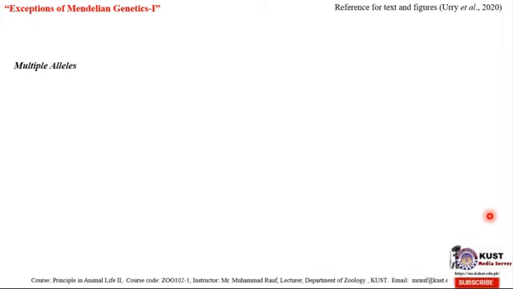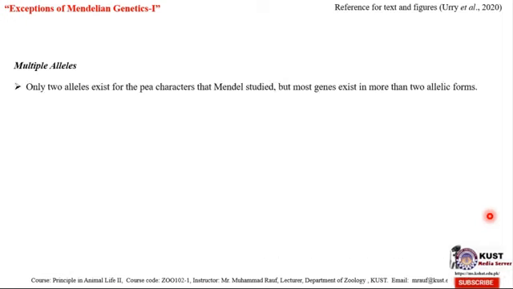But in a population, there can be more than two alleles for a specific trait, which will determine the phenotype to varying degrees. Only two alleles exist for each character that Mendel studied, but most genes exist in more than two allelic forms. For example, the blood groups.